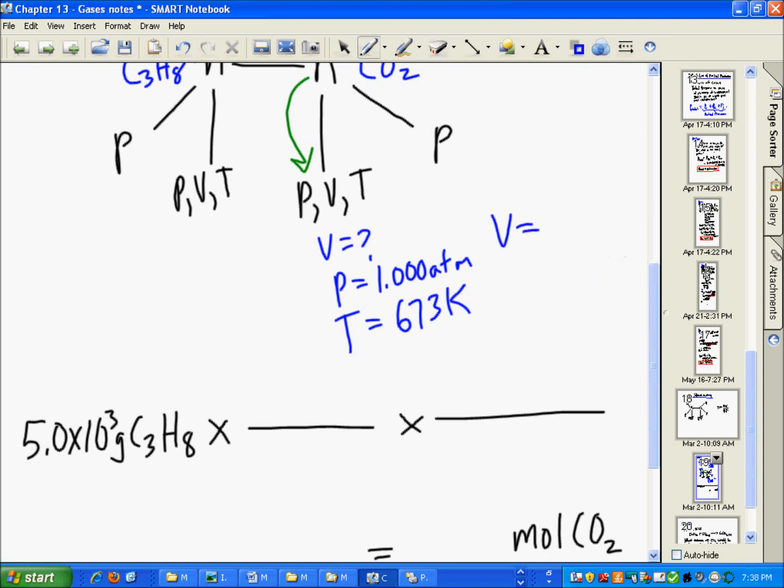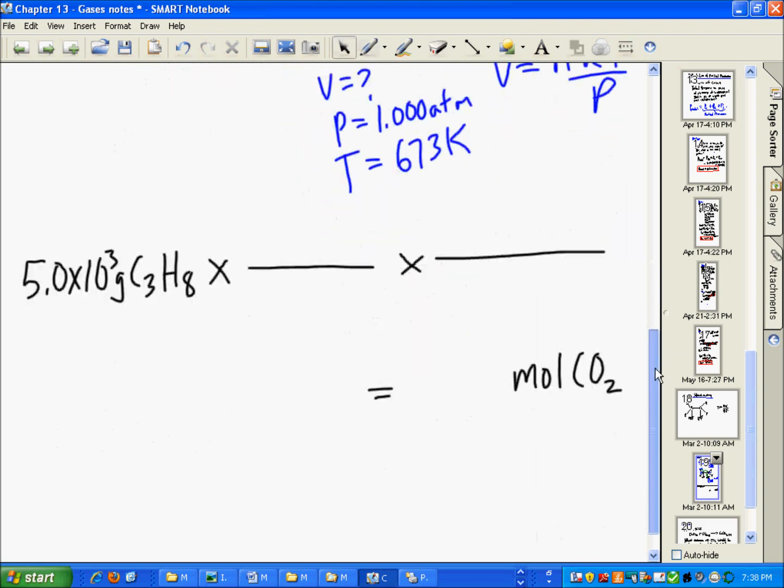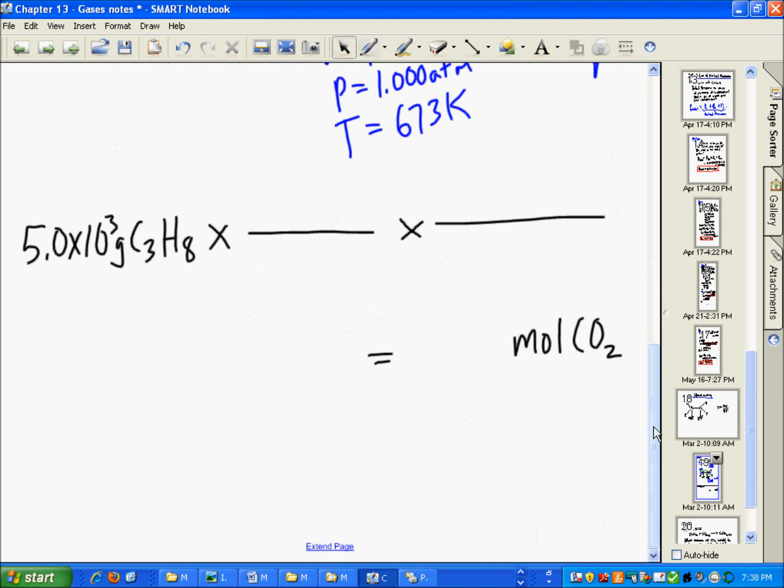So volume equals nRT over P. That's what we'll need. So grams of C3H8 will go on the bottom. Moles of C3H8 will go on top. And then at the second step, we'll get rid of moles of C3H8 and we'll have moles of CO2.